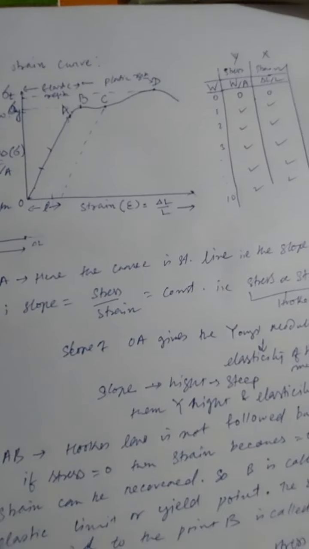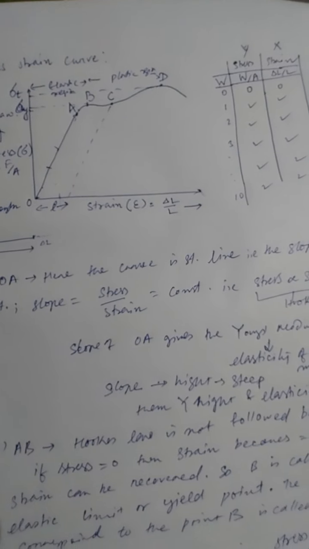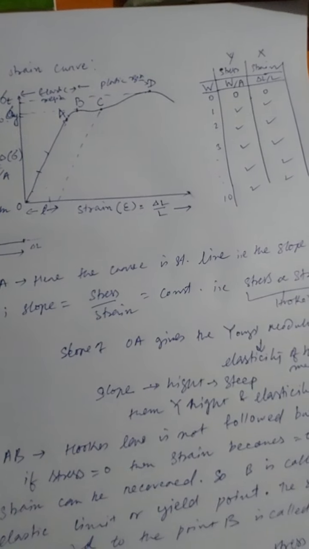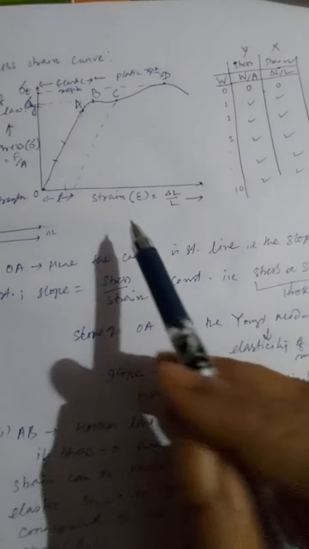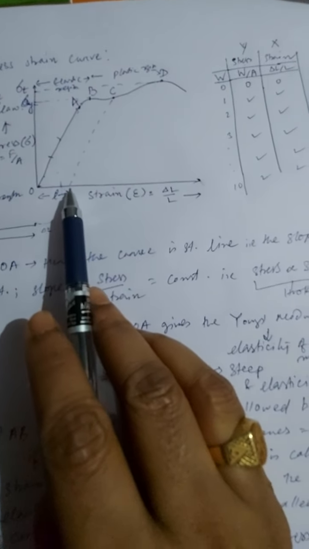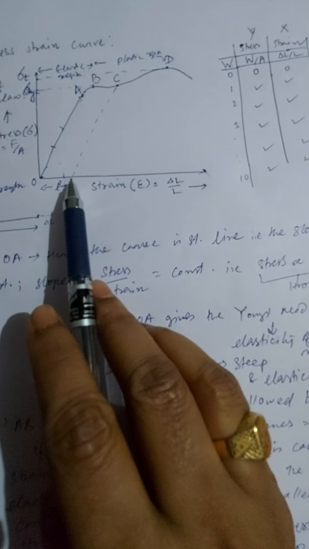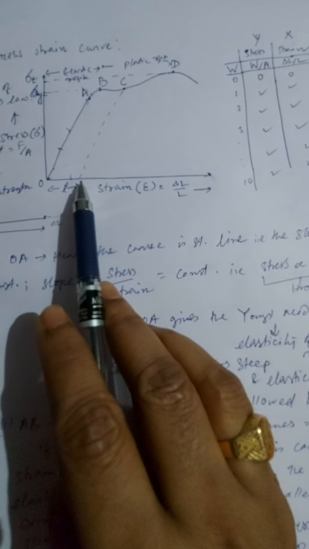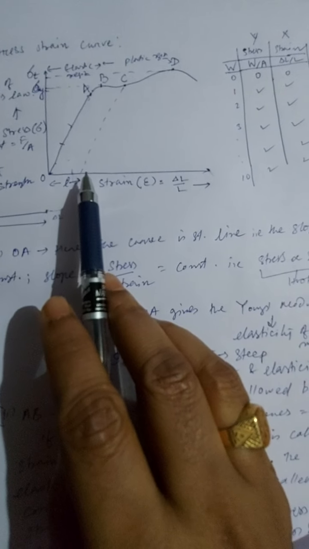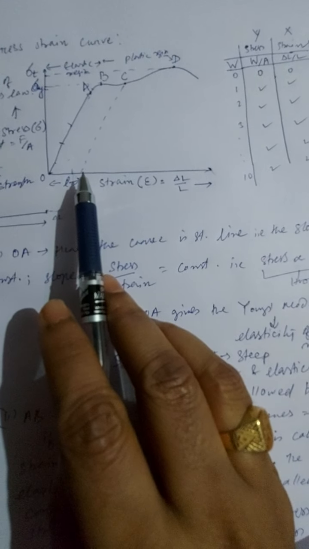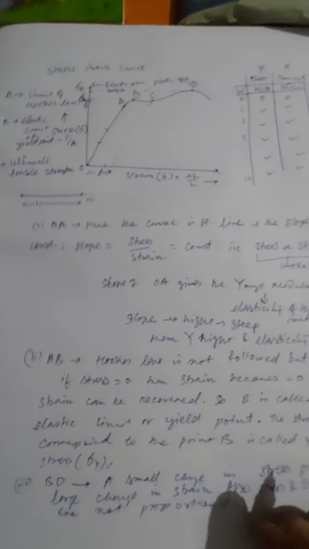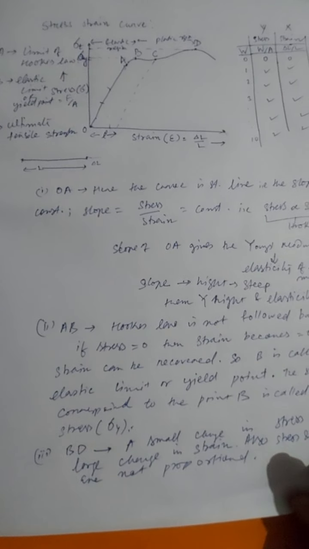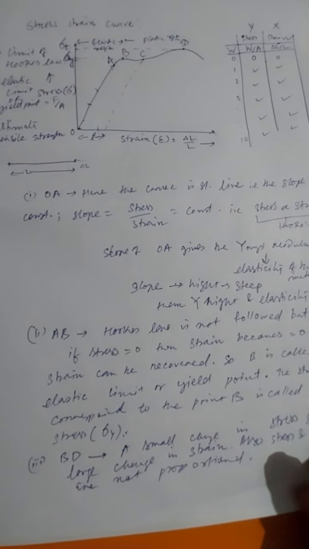Why is it the plastic region? Because when we remove the stress, the wire cannot get back to its original position, and a permanent strain is left with the wire, and this is called permanent set. This material is said to have a permanent set. Now this explanation you can very easily get in your textbook. It is well written there.